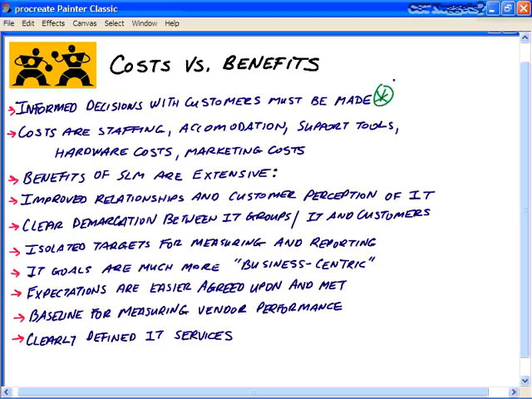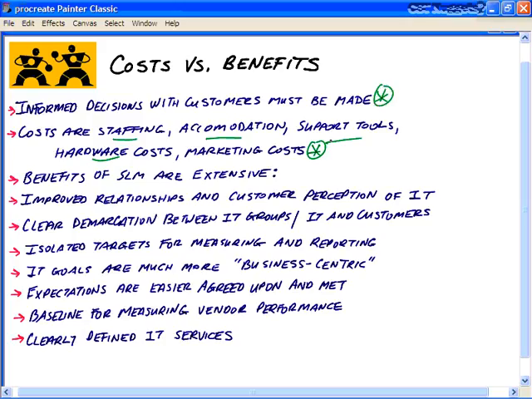Other costs to SLM are the staffing costs, personnel, accommodation, coming up with specific solutions, specific components and products to meet the needs of the organization and the business, support tools, which generally comes in software and software licensing. Of course, there's hardware costs, servers, network infrastructure, database costs, and of course, marketing these services, advertising them to your customers. Now, these are some costs.